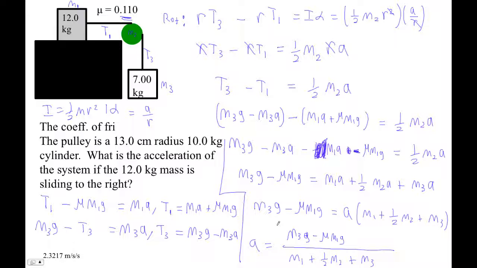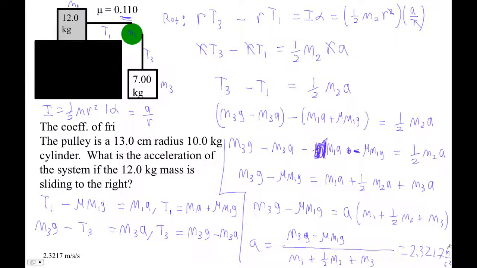Now I'm going to divide by parentheses: m1 is 12 plus 0.5 times 10 plus 7, end parentheses. And I get 2.3217 meters per second squared.